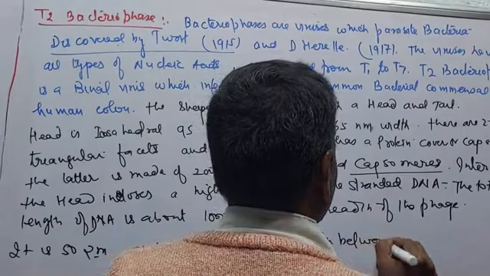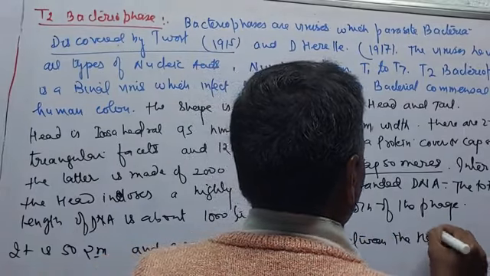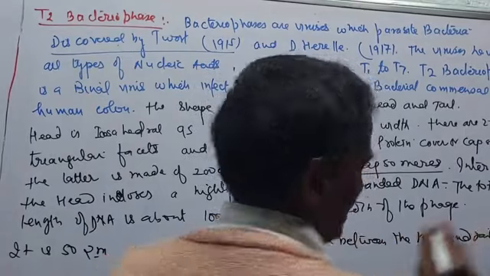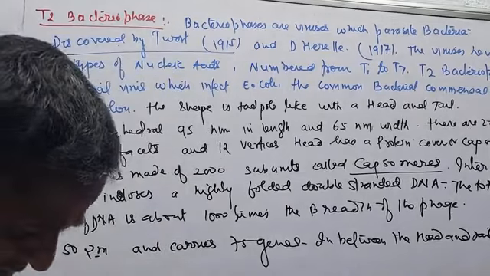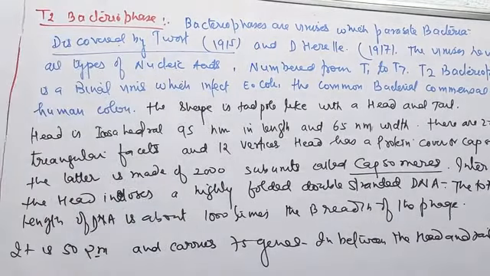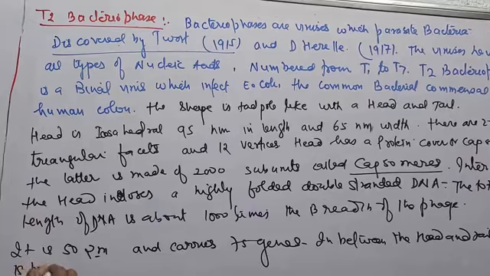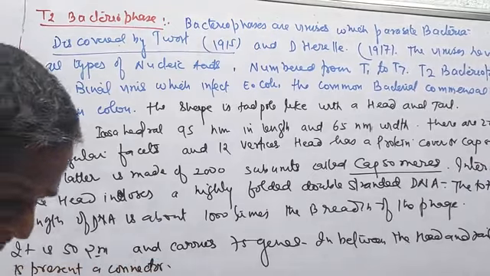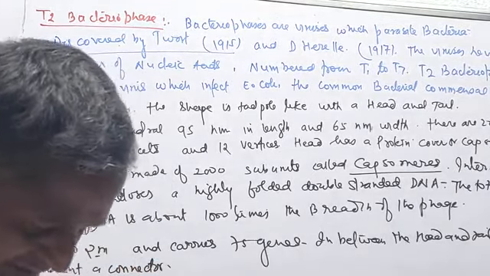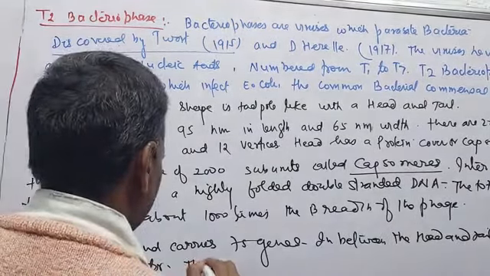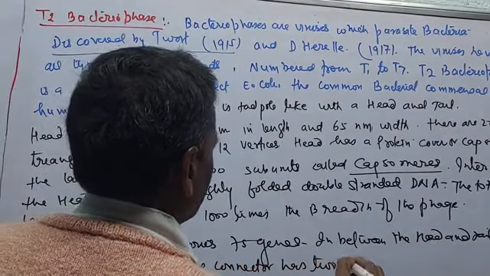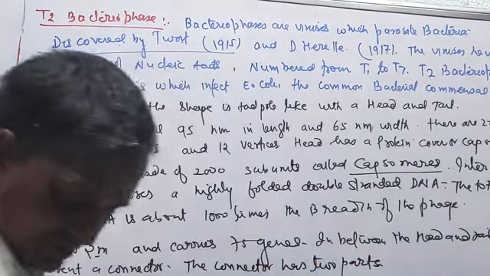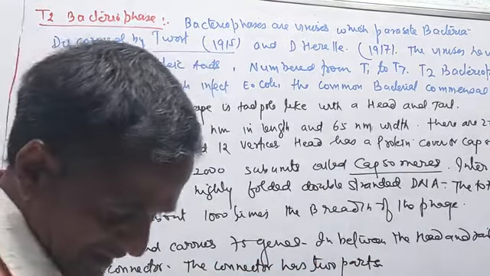In between the head and tail is present a connector. The connector has two parts, a neck and a collar.